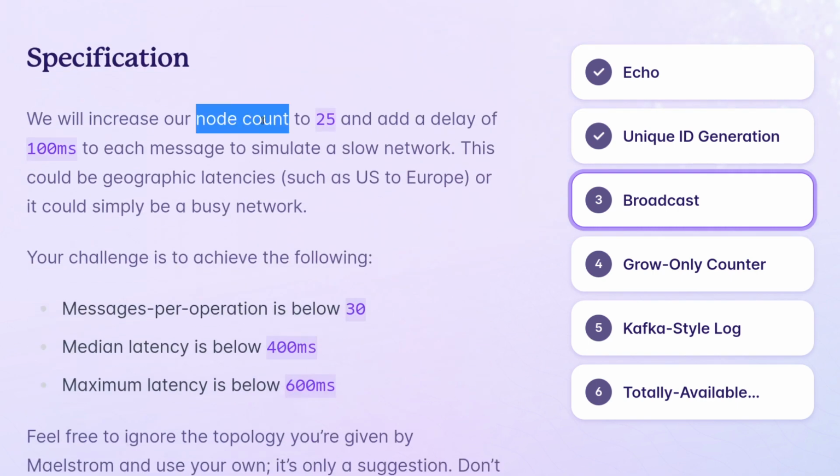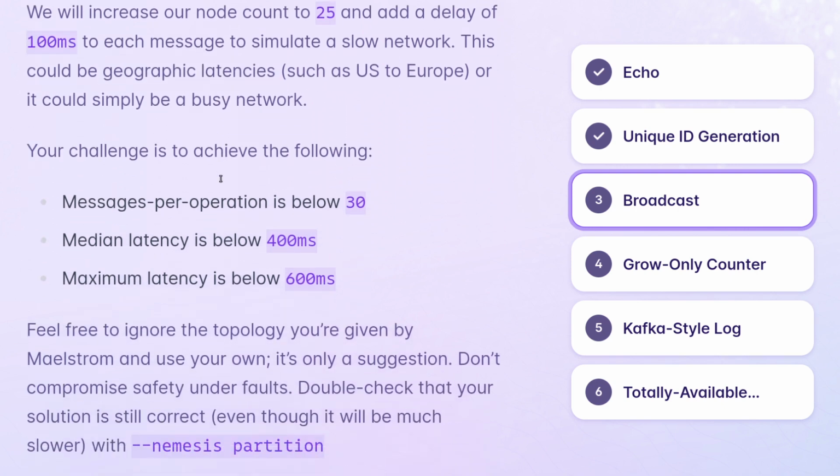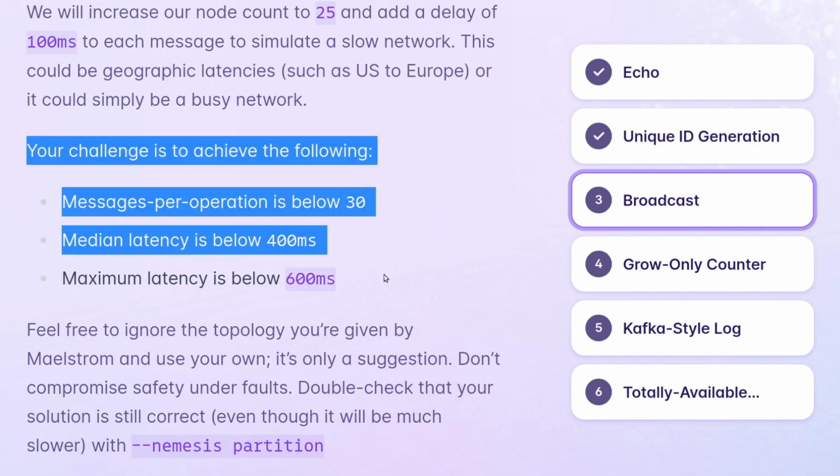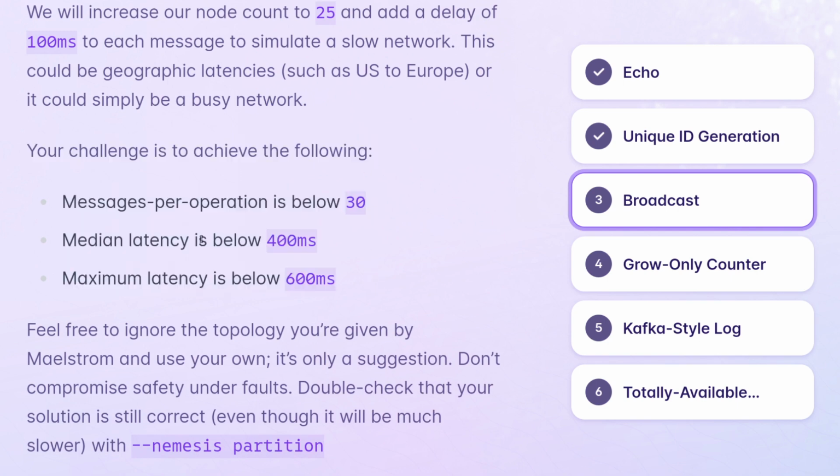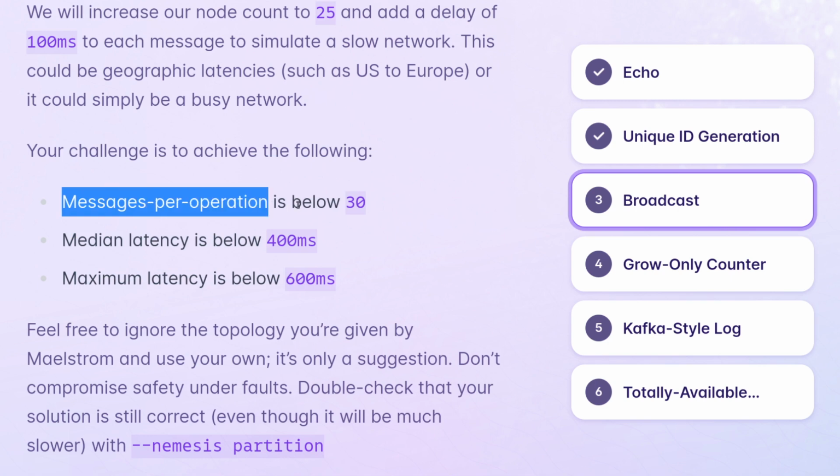In this challenge we have 25 nodes in our cluster, and each client server communication has been added a delay of 100 milliseconds to simulate geographic latencies or a busy network. So this is the expected outcome for the constraints that they are expecting.